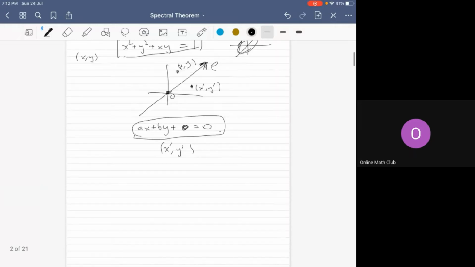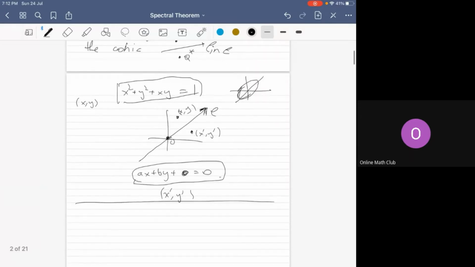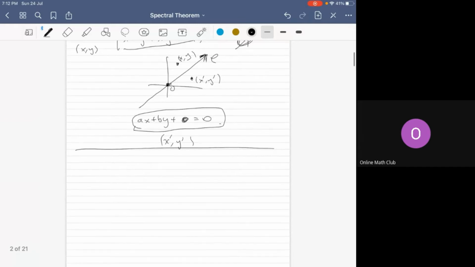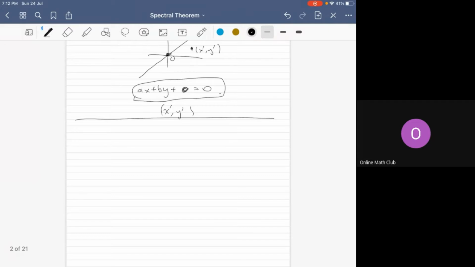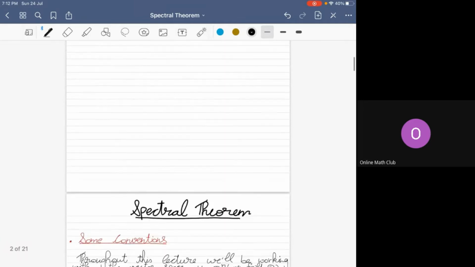Okay, so before going through this, we'll have to cover some basic linear algebra. I'll be assuming that you are familiar with the concepts.